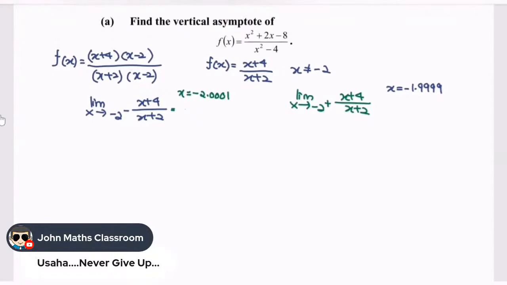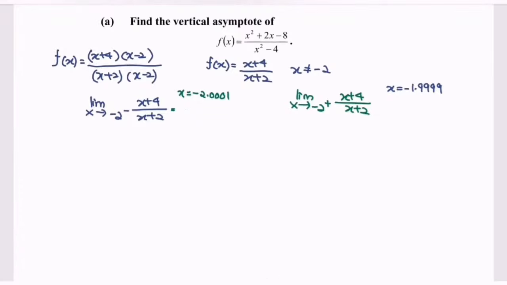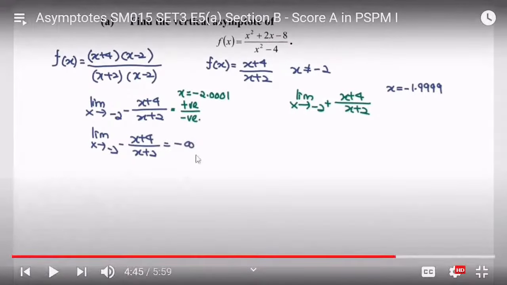Negative 2.0001 plus with the 4, very obvious, we will have a positive value over negative 2.0001 substitute into x plus 2, and very obvious, we will have a negative value. So in here, limits when x approaching negative 2 from the left for the function x plus 4 over x plus 2, and we will have a value which is negative infinity, meaning that... Okay, so maksudnya apa?